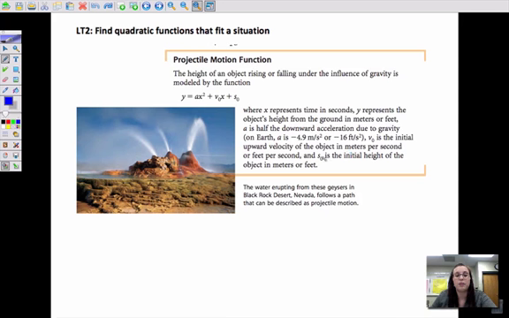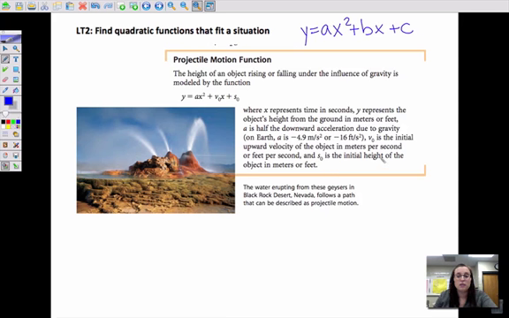And then the last term: if we're looking at it in general form, if it doesn't have these coefficients with the velocity and S sub 0, the initial height, you'd see that as C. This last term, the constant, is the initial height of the object.